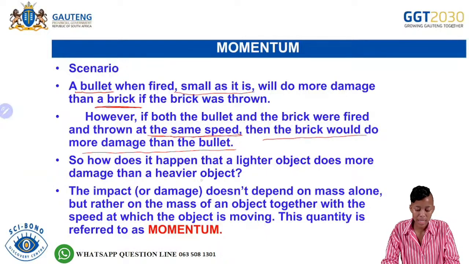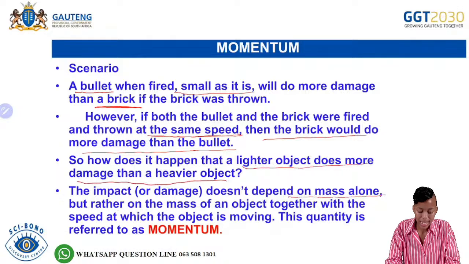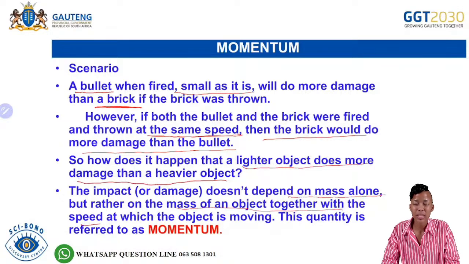So it says, how does it happen that a lighter object does more damage than a heavier object? It says the impact or damage doesn't depend on the mass alone, but rather on the mass of an object together with the speed at which the object is moving.